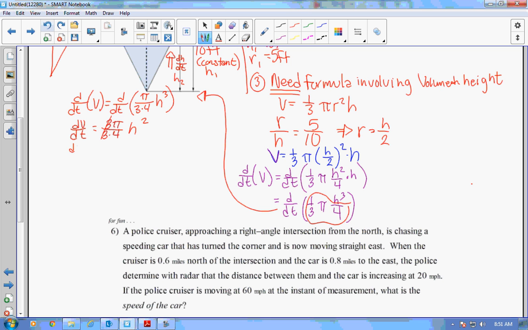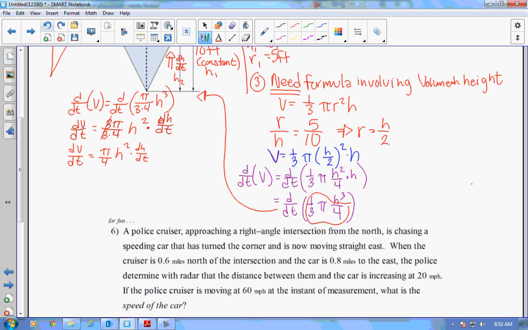I have dV/dt, times dh/dt, right, because I took the derivative of h with respect to time, equals pi fourths, which is a constant, h squared times dh/dt. Any questions up to that point?